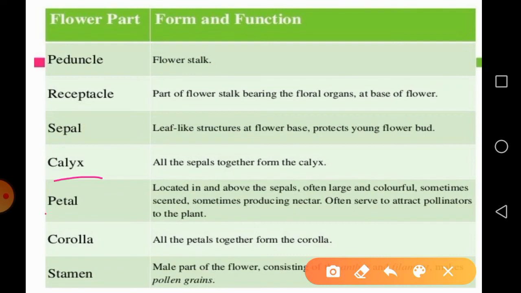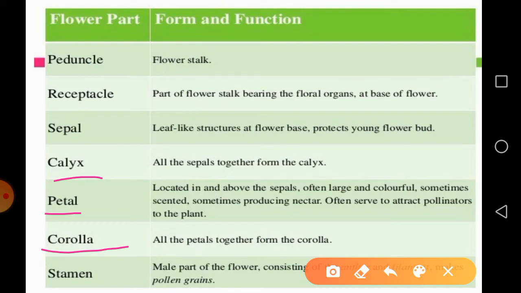The next one is the petal. The petal is located inside and above the sepal, often large and colorful, which attracts insects. It sometimes has scent as well as nectar. The purpose of the petal is to attract pollinators for pollination. All petals together are called the corolla.